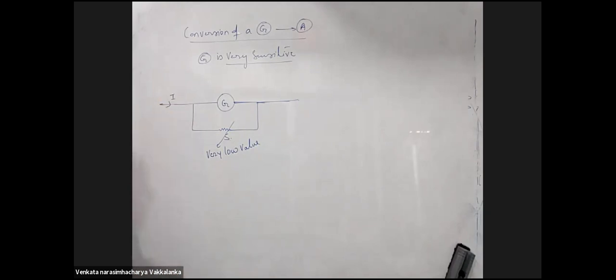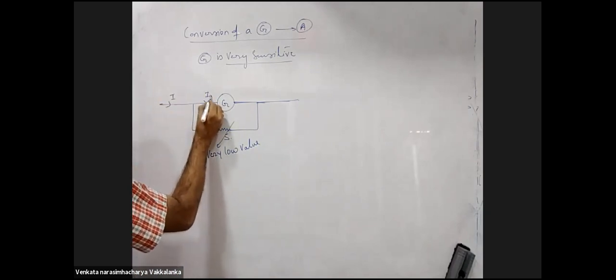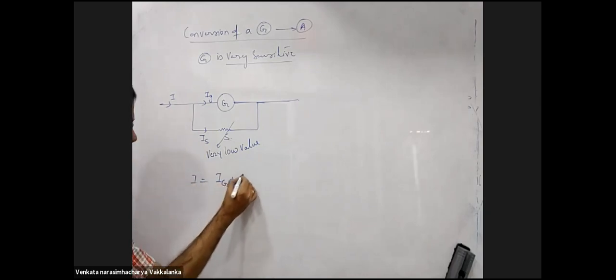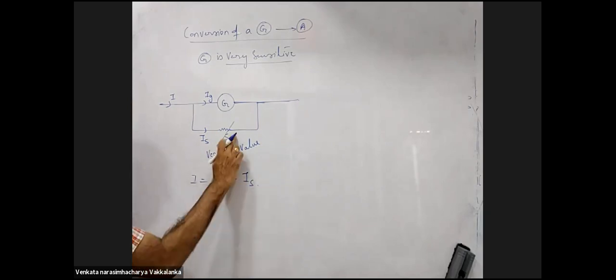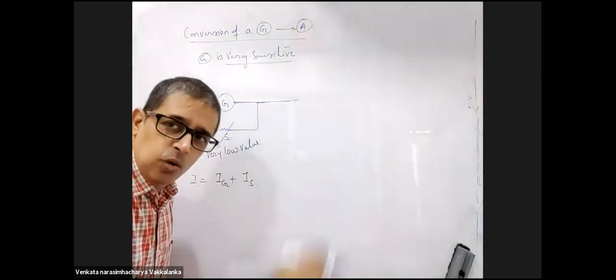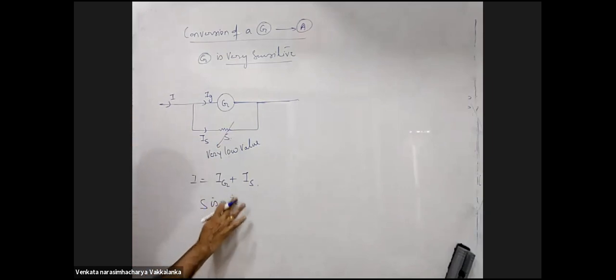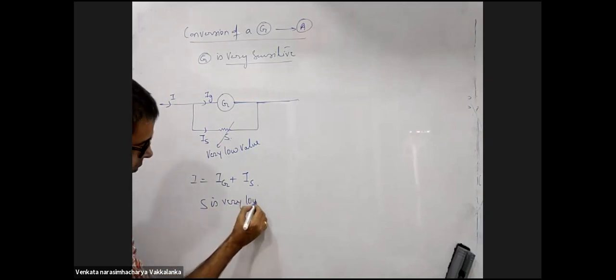If current I is coming in, IG goes through the galvanometer and IS goes through the shunt, so I will be IG plus IS. Shunt resistance S is of a very low value.